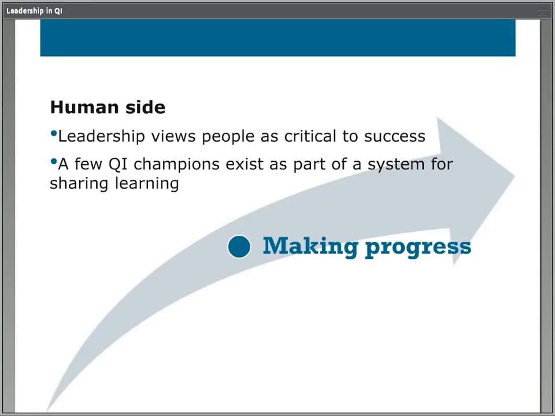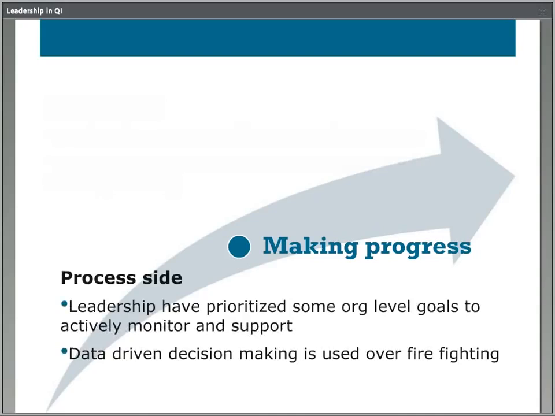We might have a few QI champions, and they might be part of the system for sharing that learning. And then for process, our leaders might prioritize some of those organizational level goals, those higher ones, and they're going to actively monitor and support those. And then we're starting to see, again, data-driven decision-making used over firefighting. We're starting to monitor the whole system now.